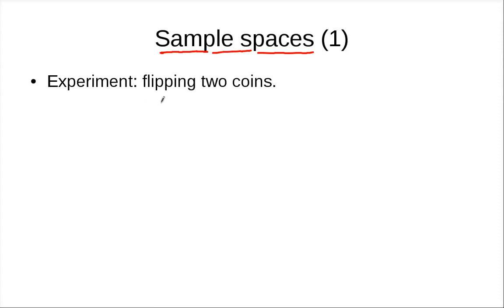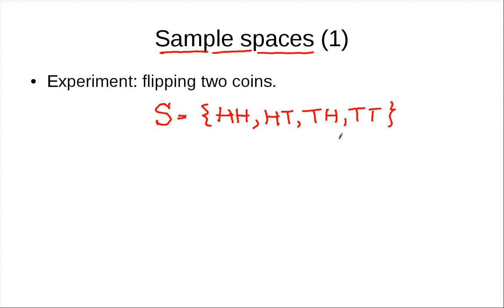For example, if our experiment is flipping two coins, the sample space S is: you might get two heads, a head and then a tail, a tail and then a head, or both tails. So this is the sample space for this experiment.